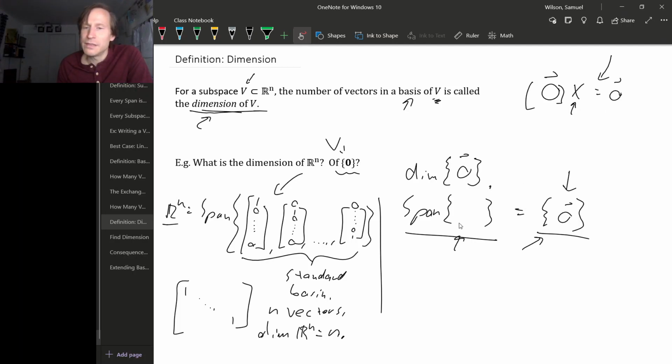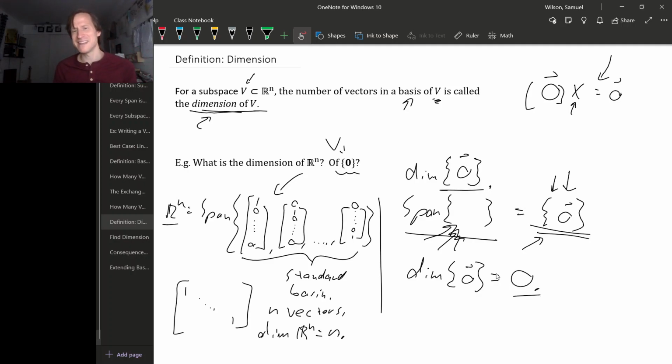So this empty set of vectors spans this vector space and is also trivially linearly independent. So this basis with no vectors in it is the basis for this subspace. And that means that the dimension of just the 0 vector is the number of vectors in this basis, which is 0.